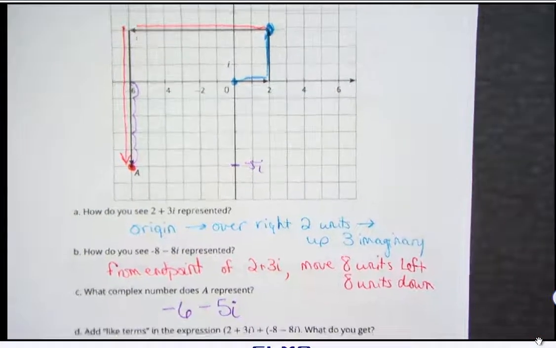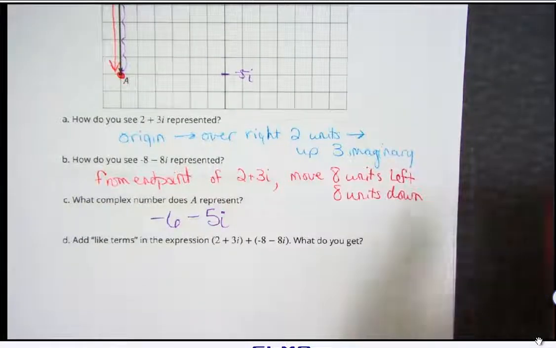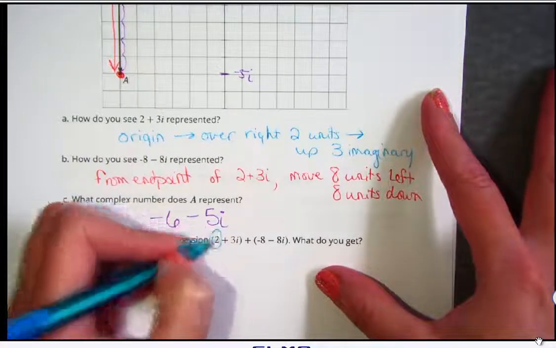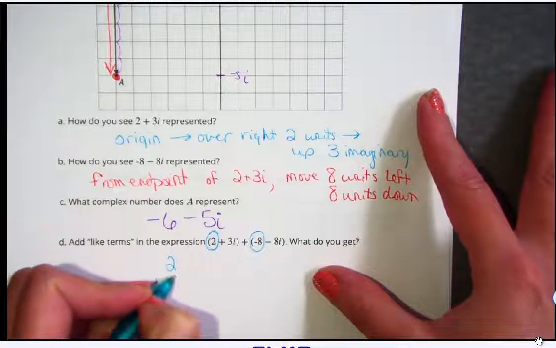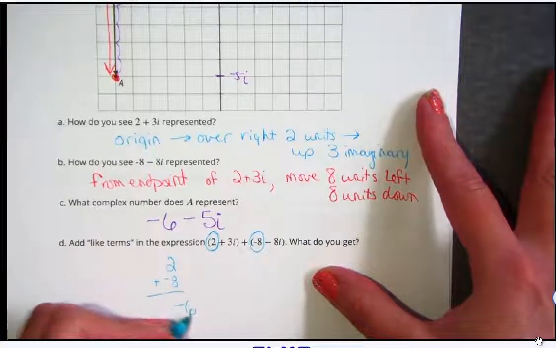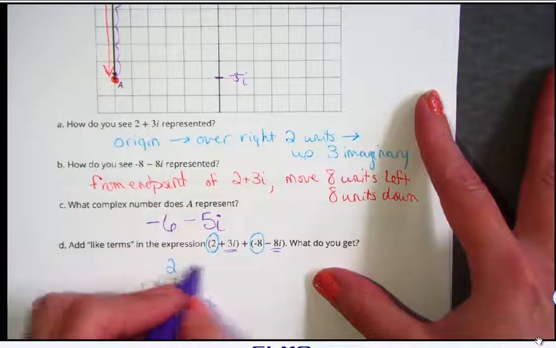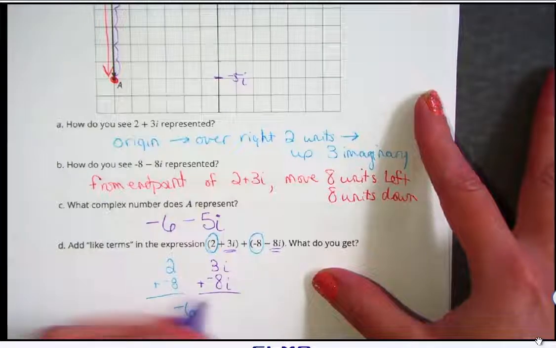So if I did the same thing, just by adding the like terms in the expression, go back to that Algebra 1 where they might have had you circle the like terms, 2 plus negative 8, and our other like terms, 3i plus a negative 8i.